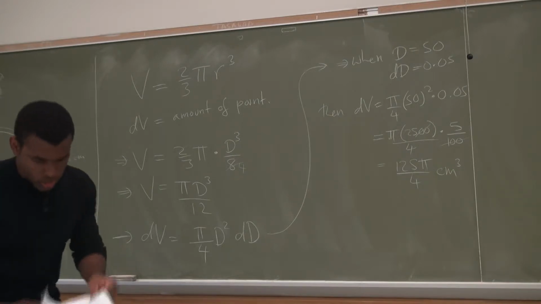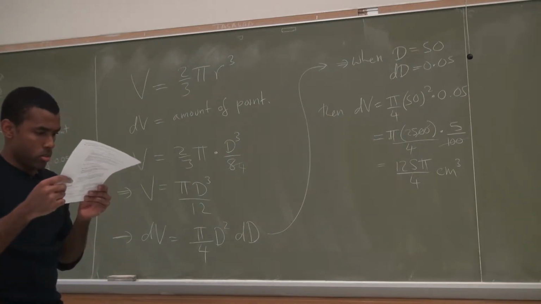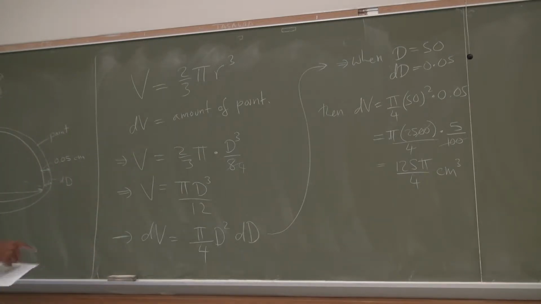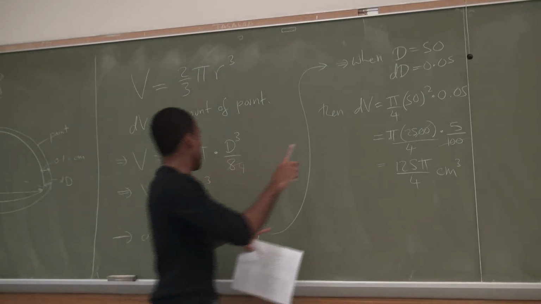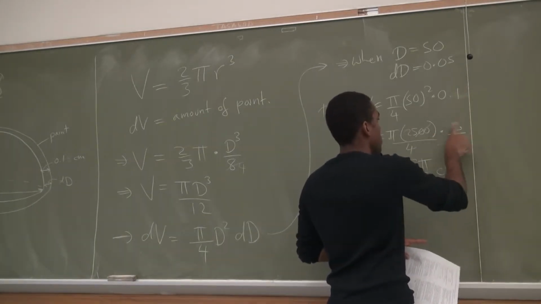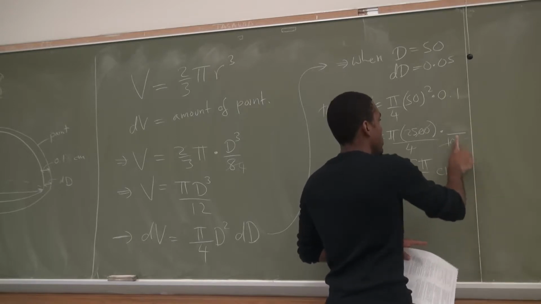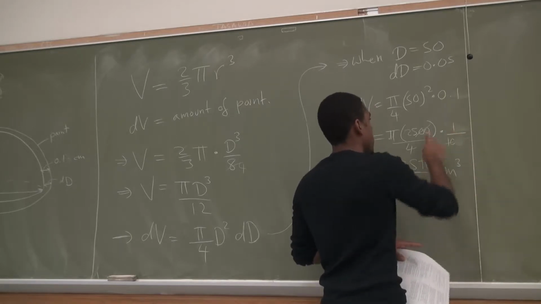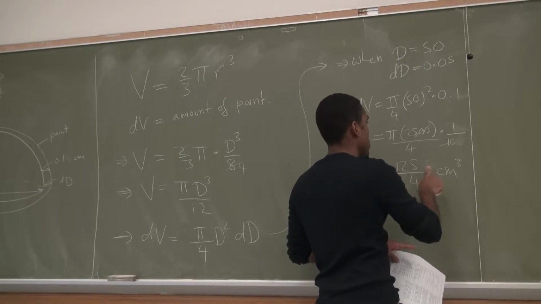They told us the diameter changed by 0.05. I mean, if you're adding 0.05, it should be 0.1. Right, because the diameter extends in 2 directions. This is actually 0.1, which is just 1 over 10. So I would add a 0 here.